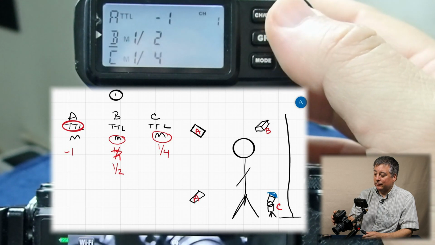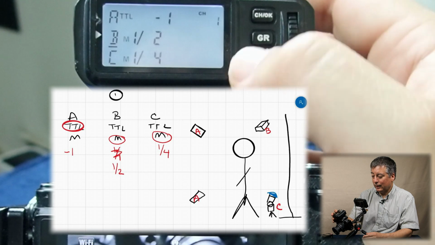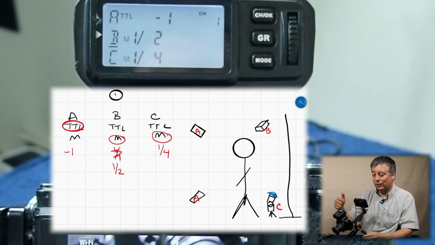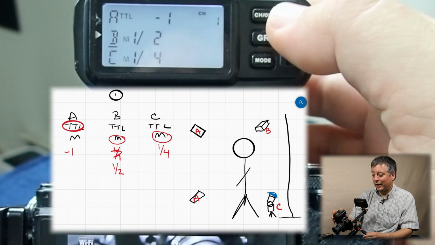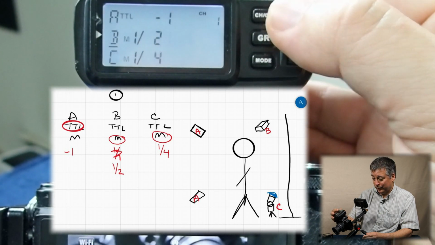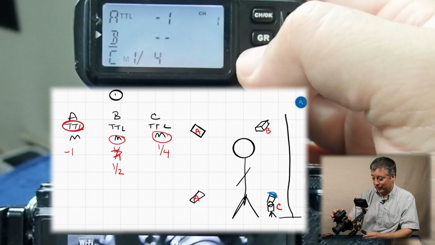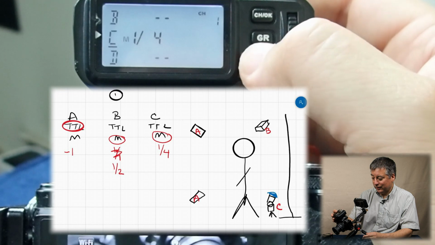And if you're just working with one flash, you don't really have to turn off all the other groups, but it's just a good habit to do so. So I would just roll this over to group B and change the mode to turn that off. Then go to group C and turn that off.